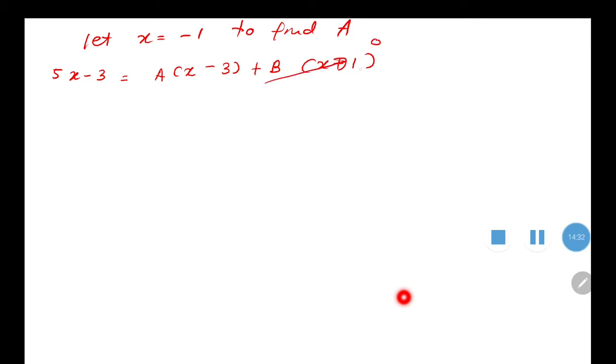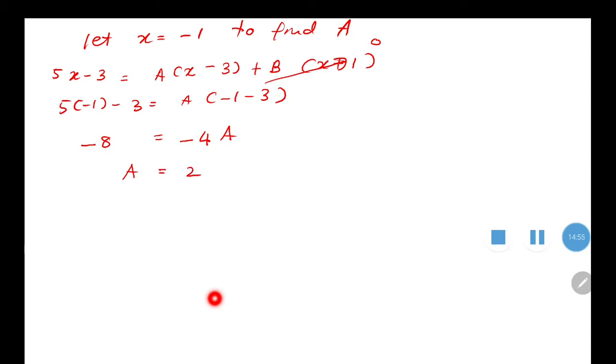Minus 1 plus 1 is 0. So now we can find a. Minus 1 minus 3, a(minus 1 minus 3), and this one we will get minus 5 minus 3 is minus 8 and minus 4a. So a is 2.